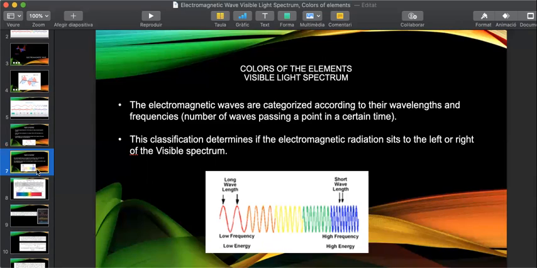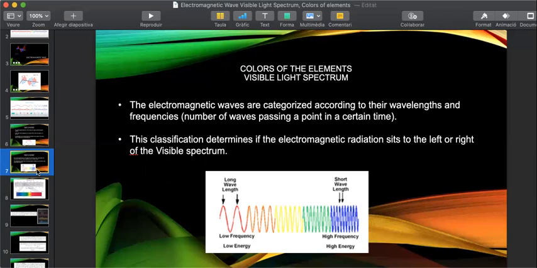Look at this. A long wavelength will be a low frequency, and of course, a low energy. So the red color has a low energy.